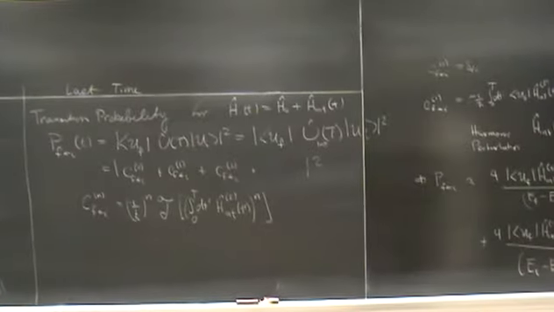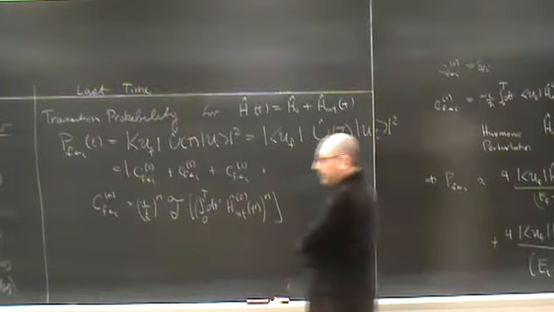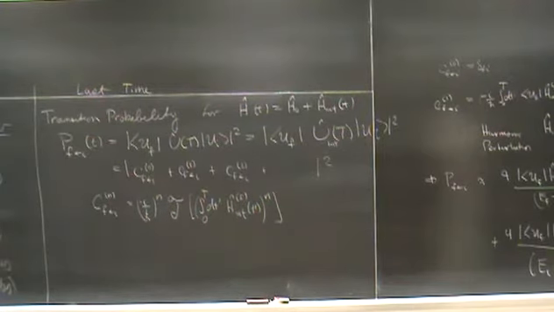So, what we're talking about right now is time-dependent perturbations. And one of the things that we're interested in, in the context of a time-dependent perturbation, is the transition probability that is driven.